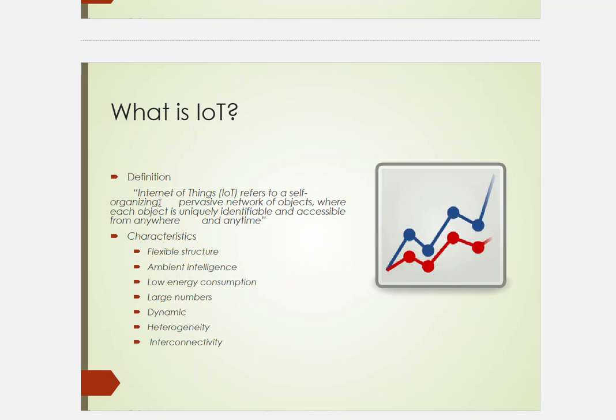Traditionally, we've got large numbers of devices. It's a dynamic environment. We can add and remove devices as needed. We've got heterogeneity and connectivity associated with IoT networks or IoT organizations, if you will.